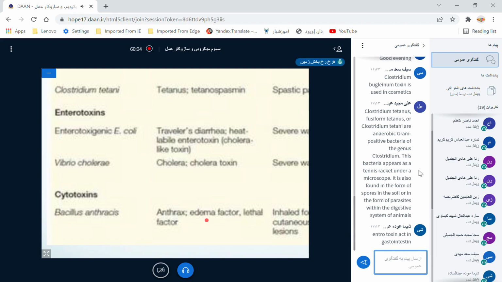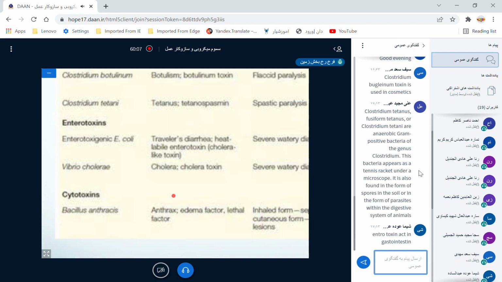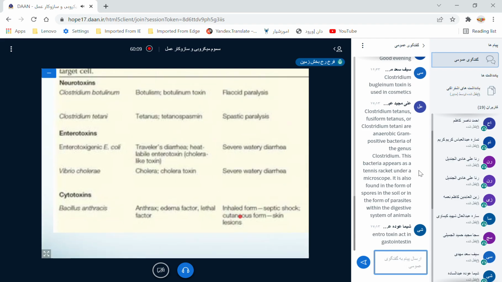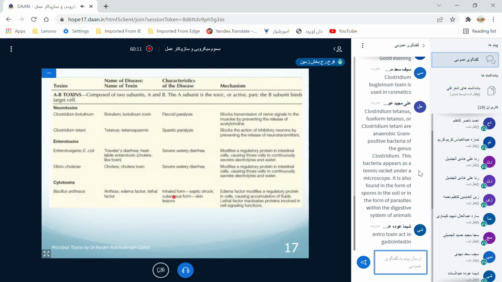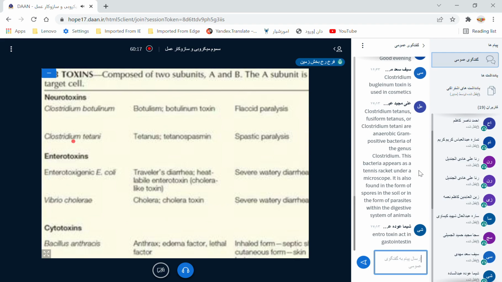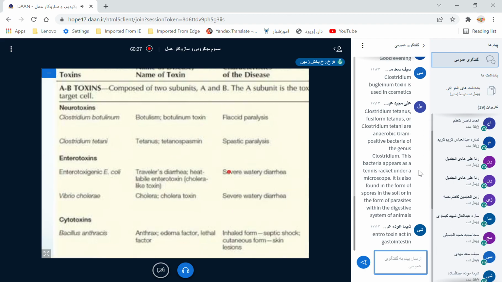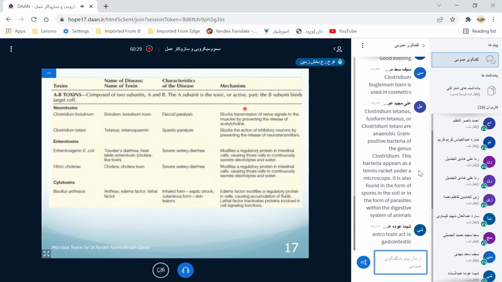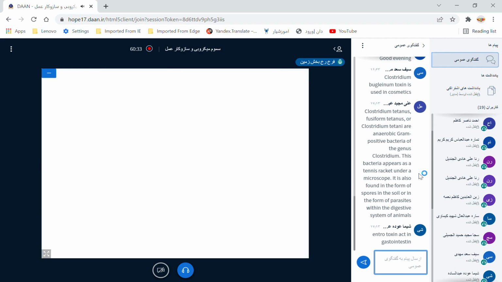Don't worry, we will explain these items one by one afterwards. First we go to the class with polio, then enterotoxin E. coli, then cholera, then Bacillus anthracis, and we explain these afterwards.